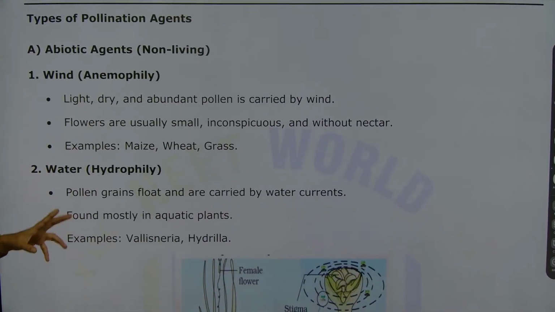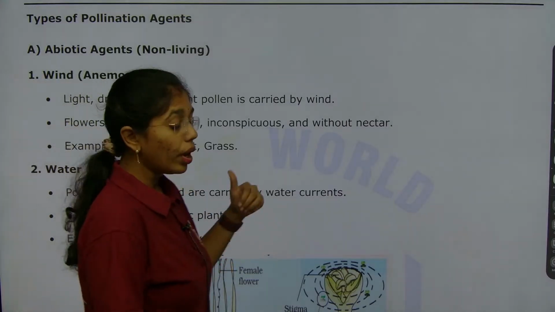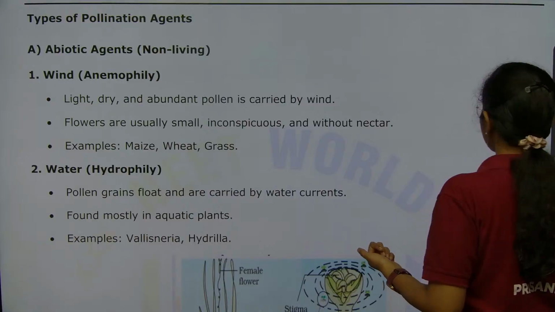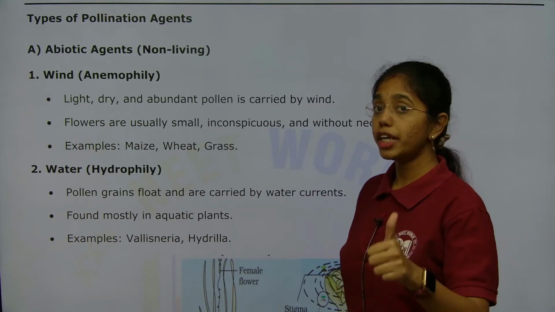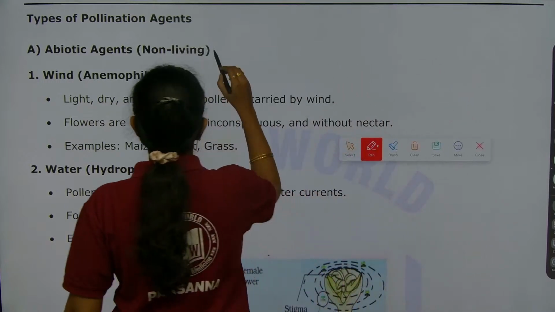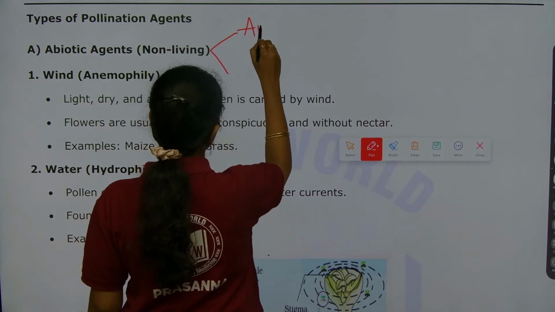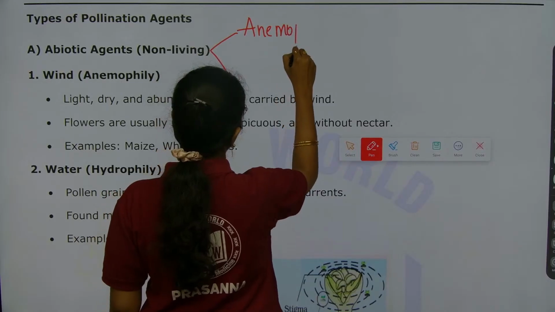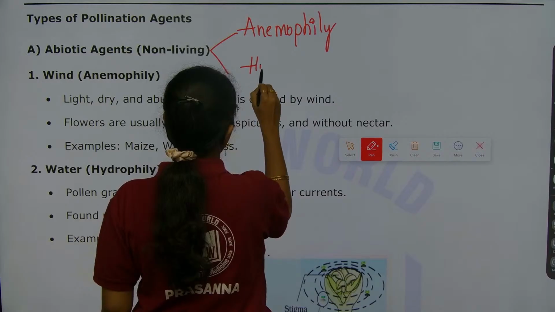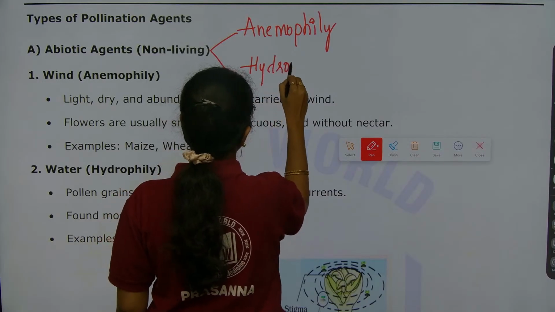First, in the types of pollinating agents, we will go through abiotic pollinating agents. Abiotic pollinating agents include majorly wind pollination and water pollination. Wind pollination is addressed as anemophily, water pollination is addressed as hydrophily.